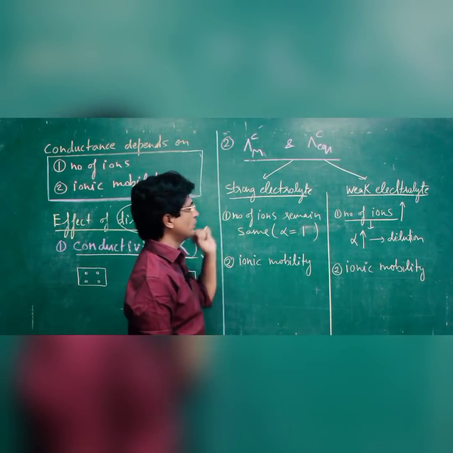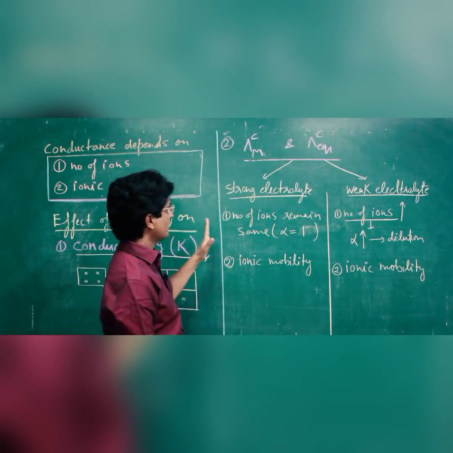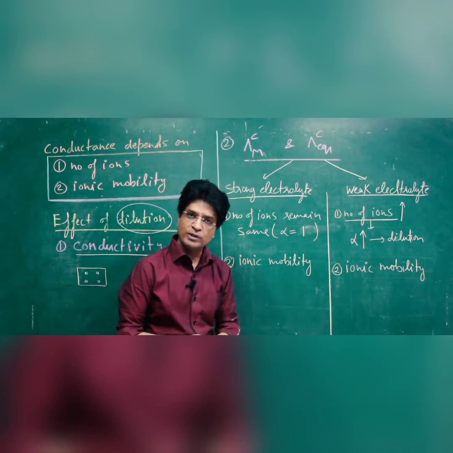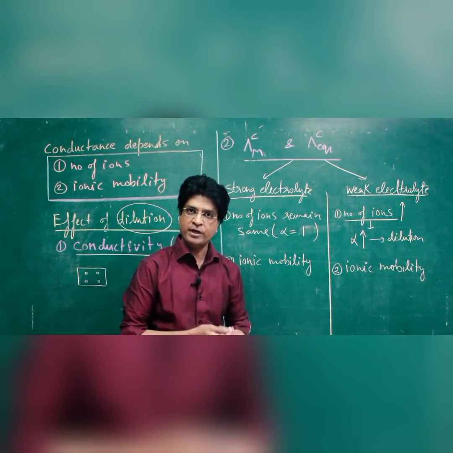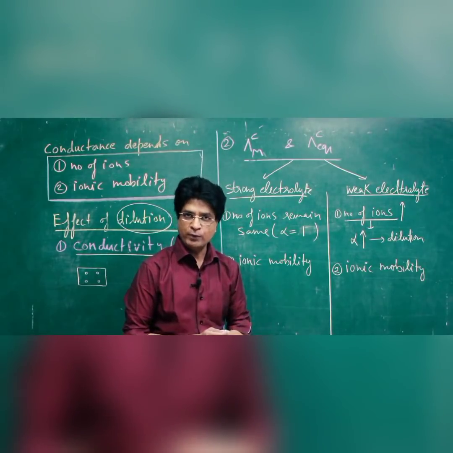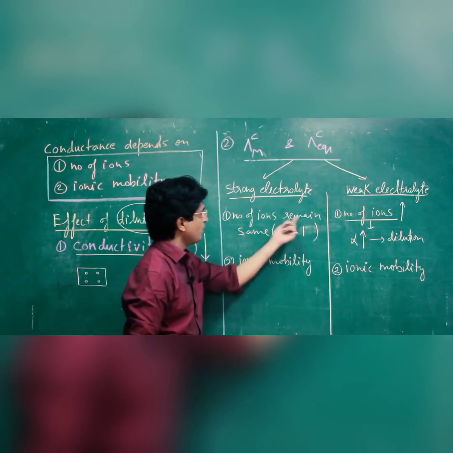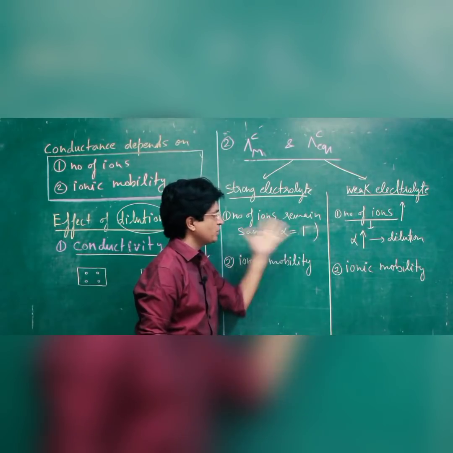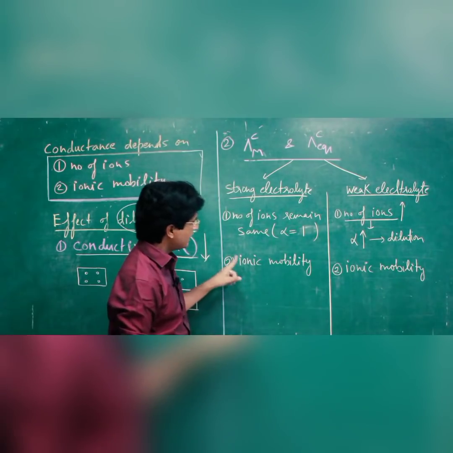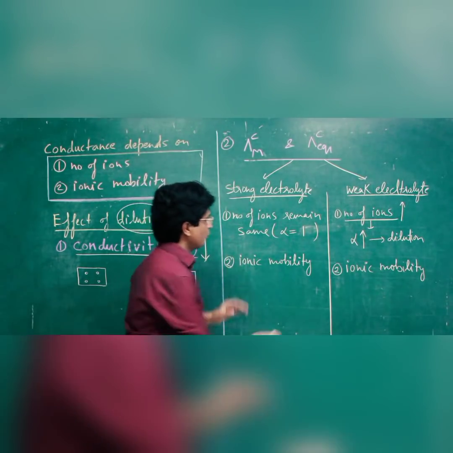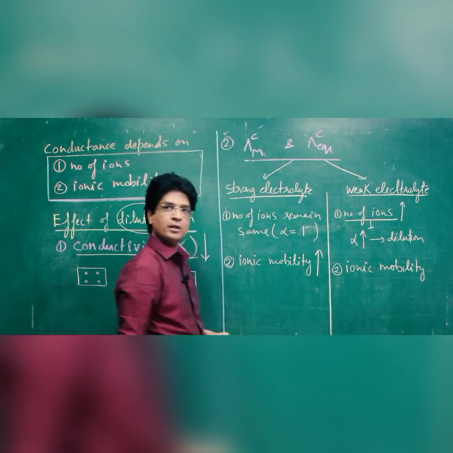Now see, if I dilute a strong electrolyte, strong electrolytes are those electrolytes which dissociate completely, whether they are in concentrated form or in diluted form. The number of ions will remain the same, that is, alpha is constant. Alpha is 1 for a strong electrolyte, it will not change. But ionic mobility will increase. Why?